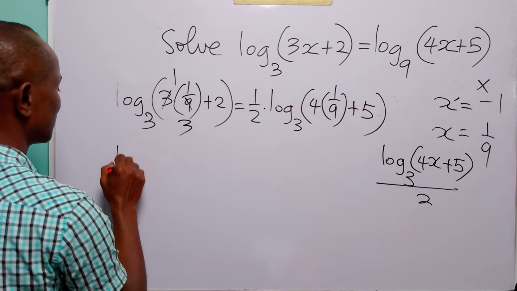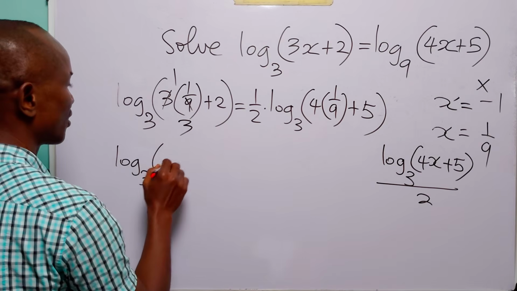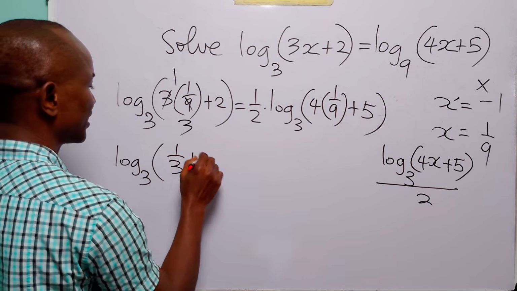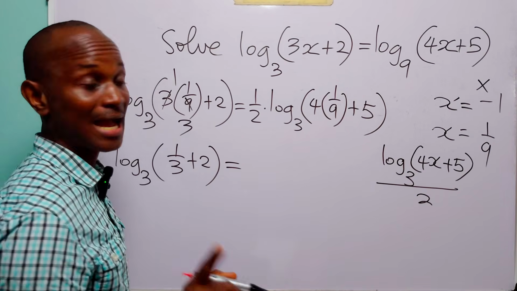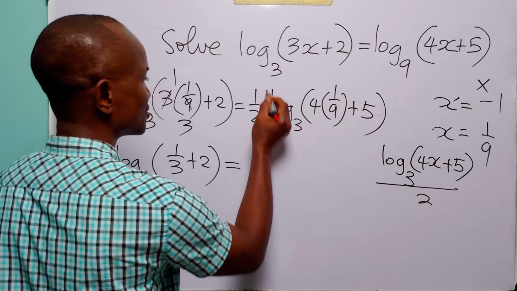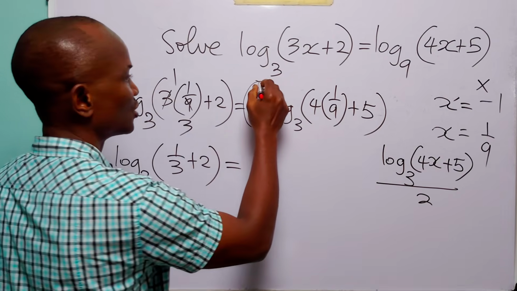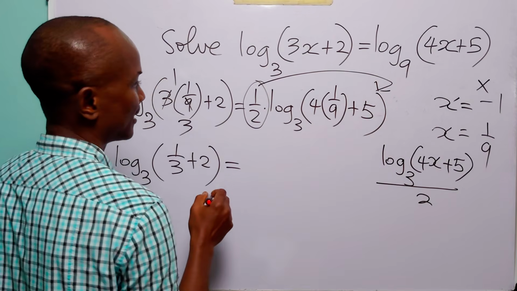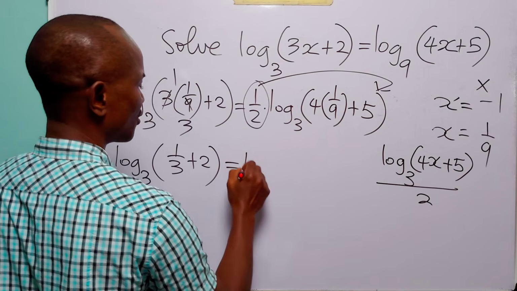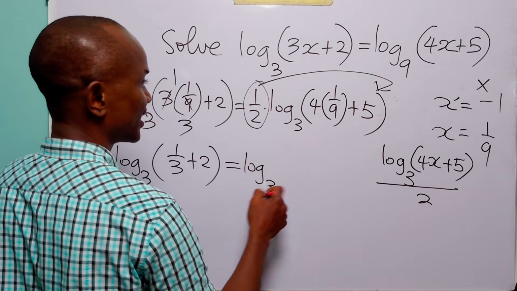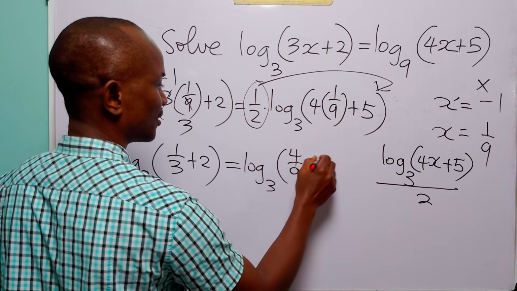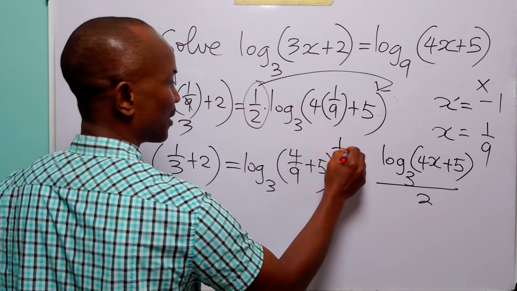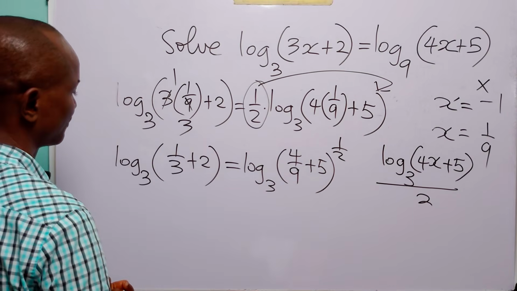So here we have log to base 3 of 1 over 3 plus 2 is equal to, remember that we can apply the power rule to this. So we can take this half up to become an exponent. When we do that, this becomes log to base 3 of 4 over 9 plus 5 to the power half.